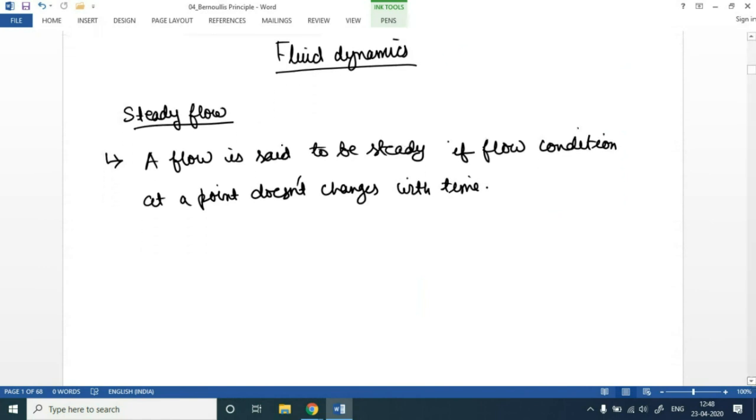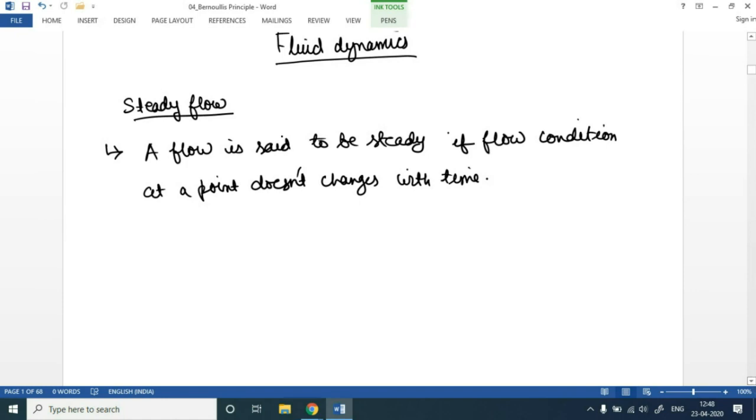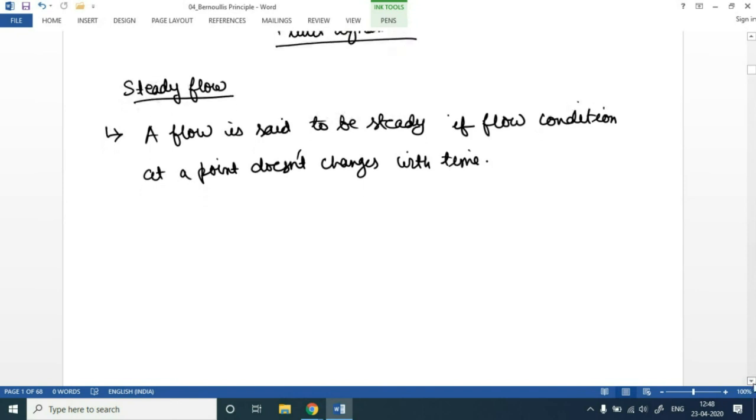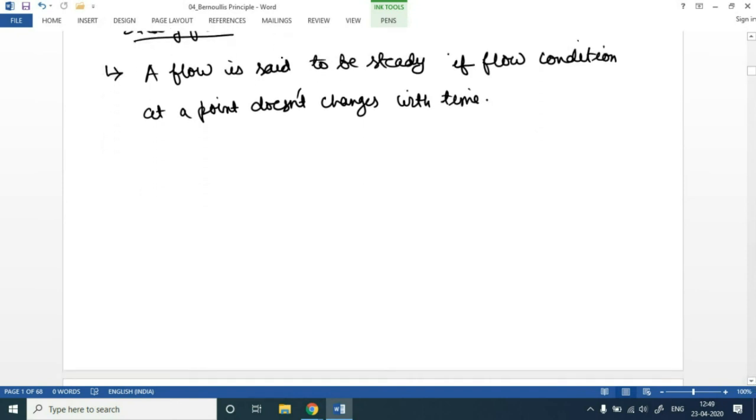And another thing you need to understand about the steady flow is that a line of flow in that case will be known as a streamline. Let me illustrate it by drawing a diagram here.